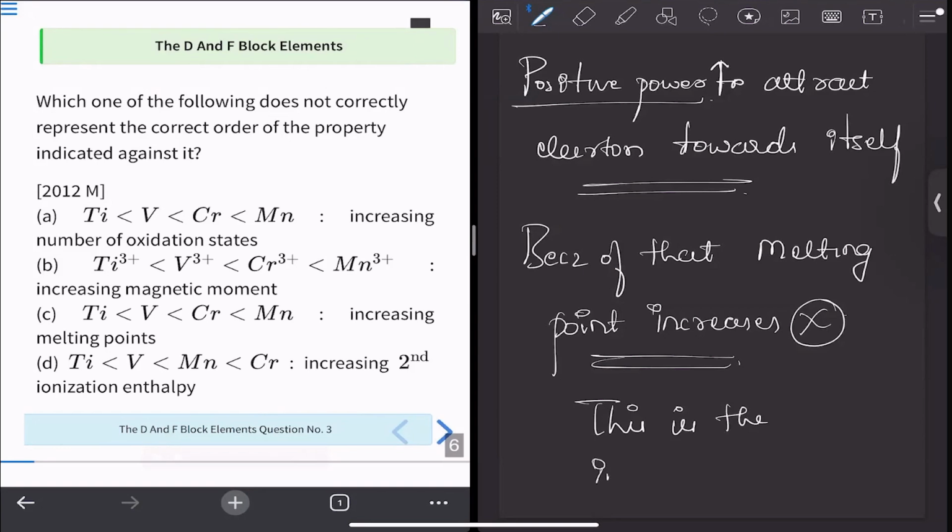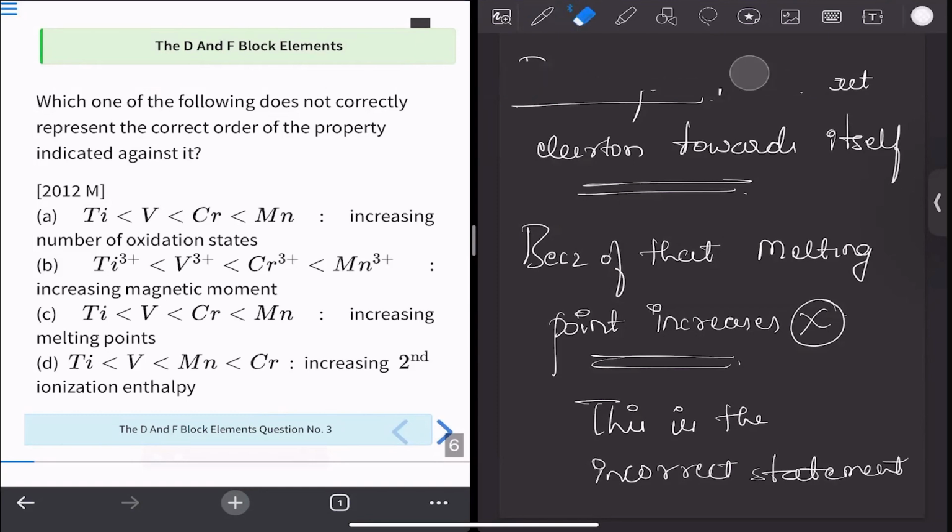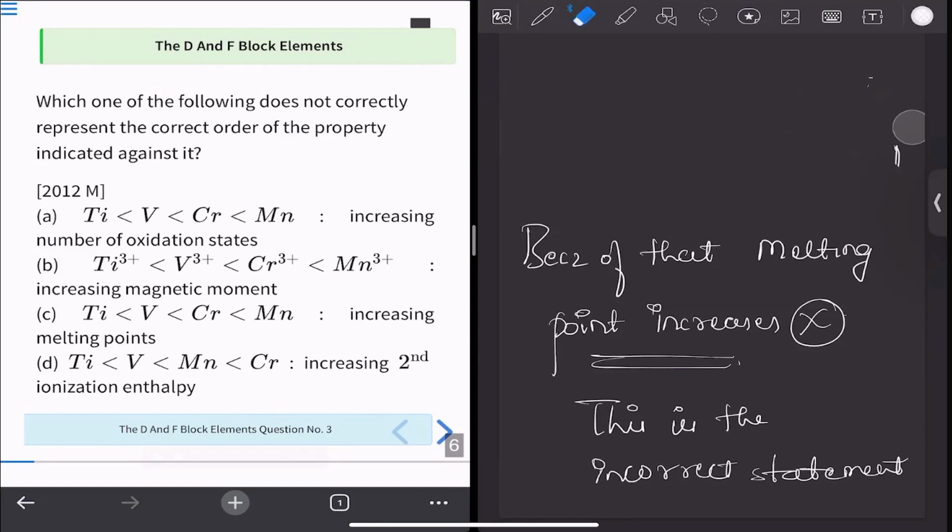This is the incorrect statement which is present here. So titanium, vanadium, chromium, manganese, increasing melting point. This is an incorrect statement. We need to see the chart for this one. It is given in NCERT, so we can see there.